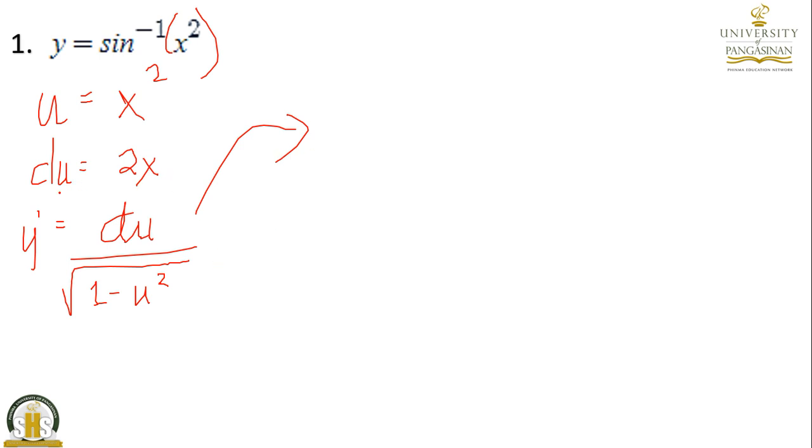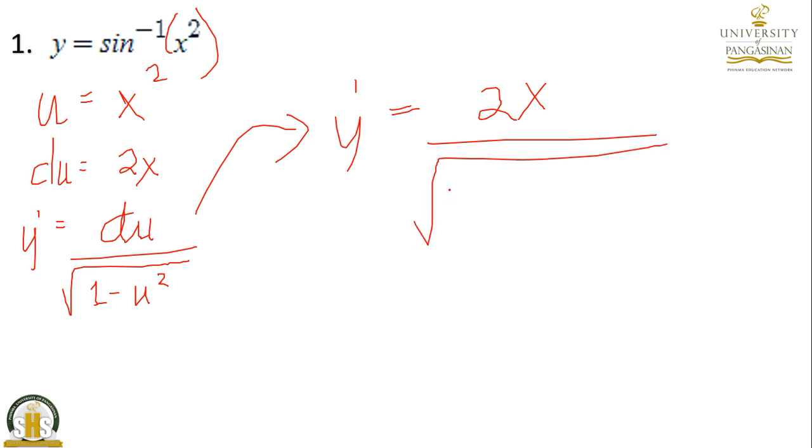We have here du 2x and u is x squared. Then the answer will be du is 2x for the numerator. And then square root of 1 minus your u is x squared. Then meron tayong quantity x squared, tapos may squared po yung quantity natin. Or, kung pwede na po to as final answer, o pwede rin yun siya i-distribute, no?